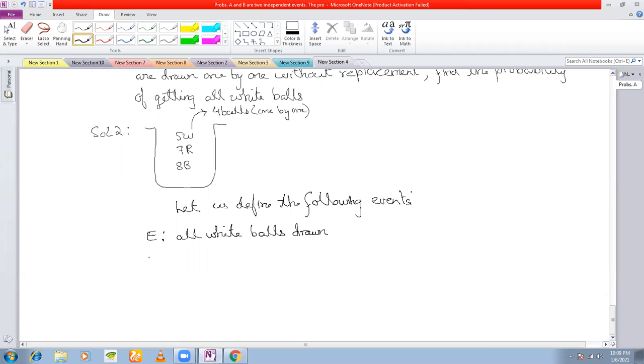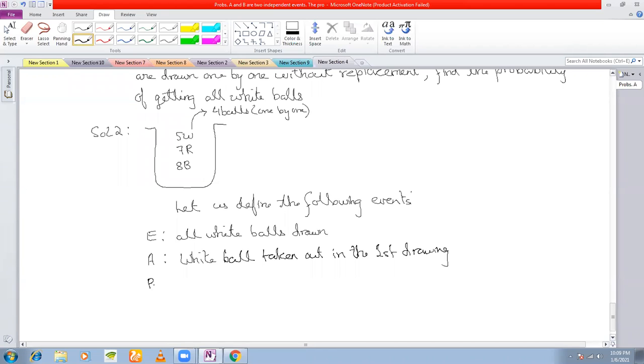The next event, since the question is drawing of all white balls, will be white ball taken out in the first drawing.